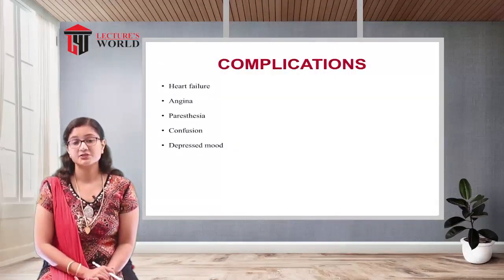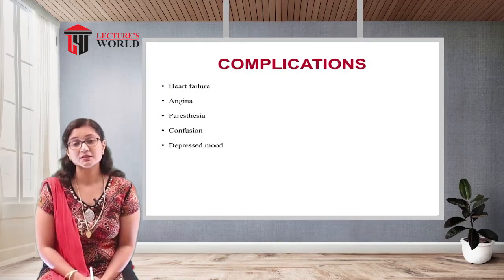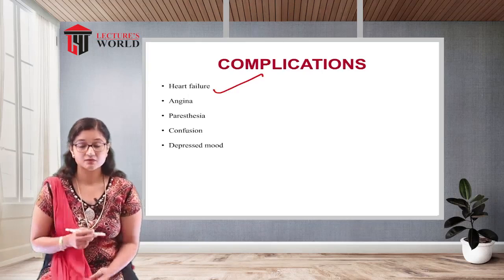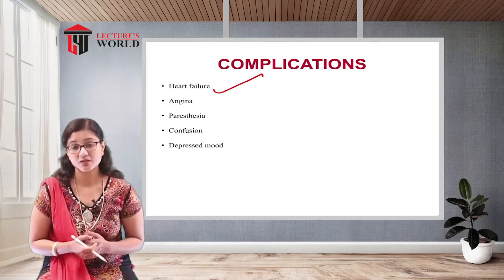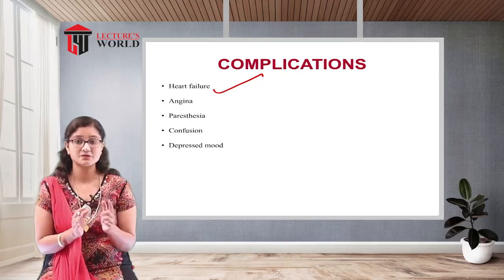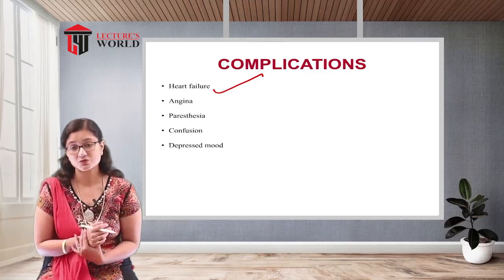Next is the complication. As we have seen in the clinical manifestation also, the patient can go in heart failure. So we have to be very vigilant in order to identify that, the patient should never develop it, but if he develops, in the clinical manifestation I've already discussed with you, the left-sided and the right-sided failure needs to be observed for.